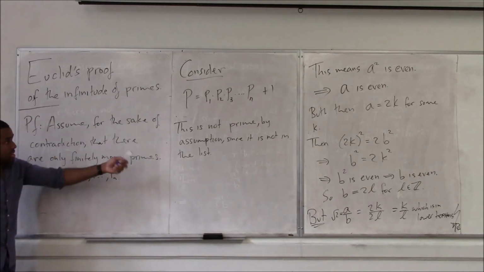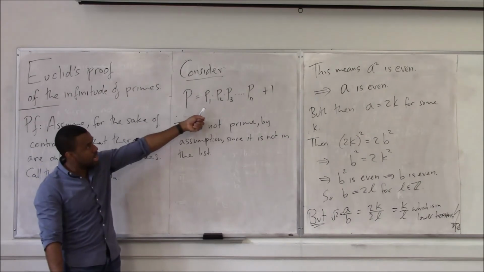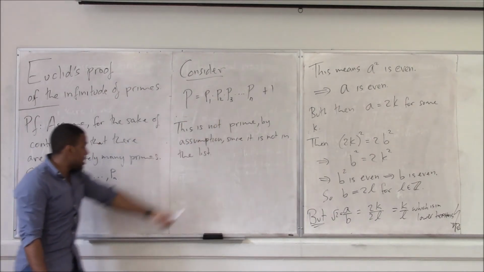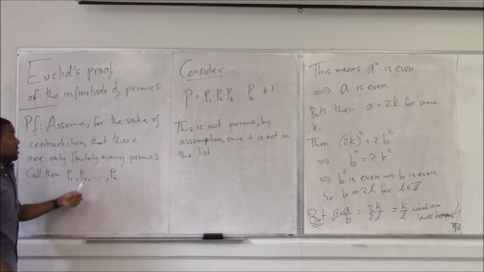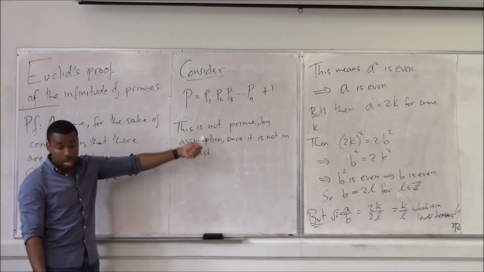P1 is not equal to it, P2 is not equal to it, P3 is not equal to it. None of the primes are equal to it. So that number is not in this list, which means, since we assume the list is the entire list of primes, that it is not prime.